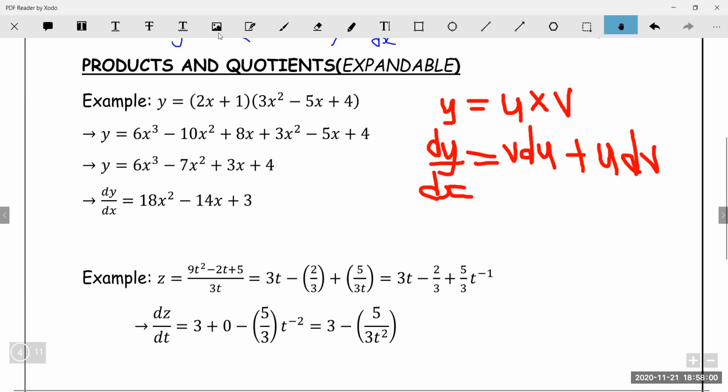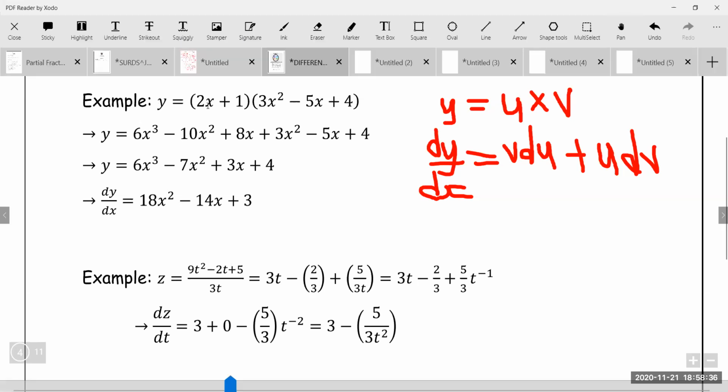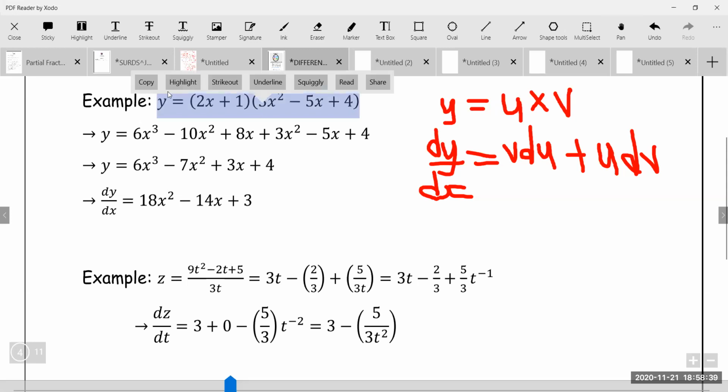So we're given this, and we're going to use the product rule. So I'm going to copy this question and we're going to use the product rule.